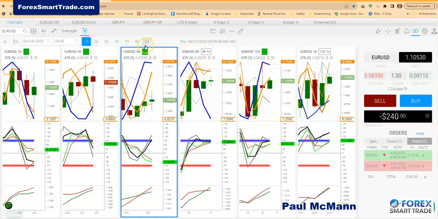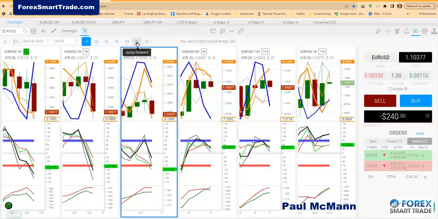So you have this here. Had you been able to catch this turn, I might have traded the turn. But right now, let's just focus on knowing when we see the setup that we want.